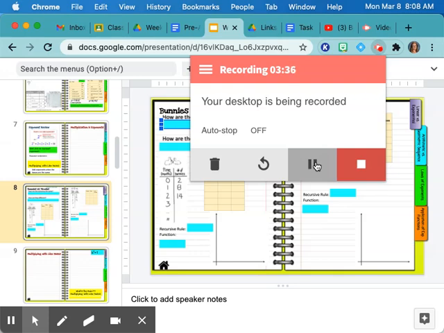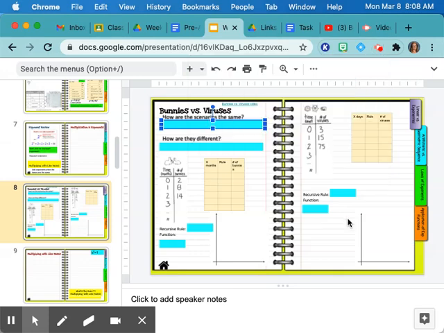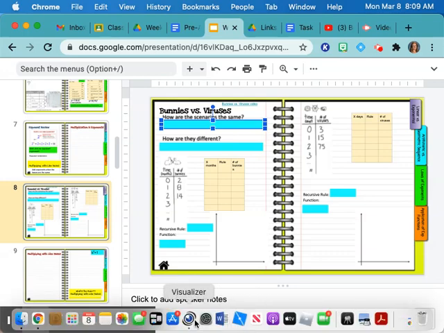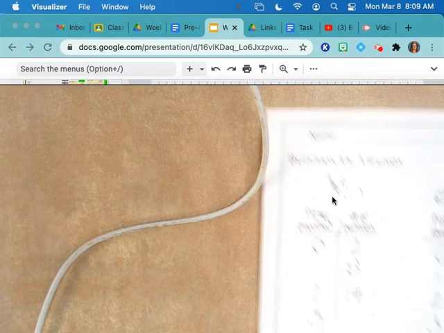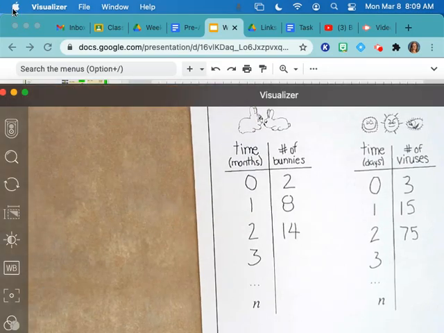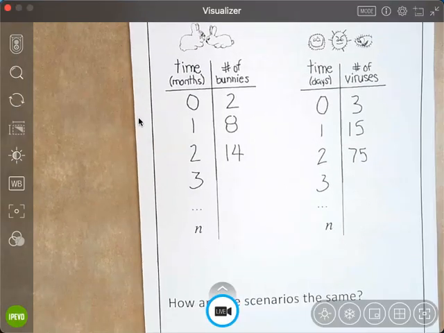Do the scenarios have the same kind of behavior? Yes. Okay. So do they have the same behavior as the basketball teams and tree population? Which do they have the same behavior of? The tree population, okay. Because why? Because they're increasing, right?